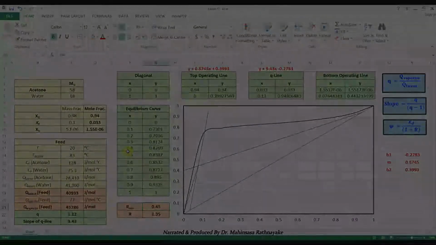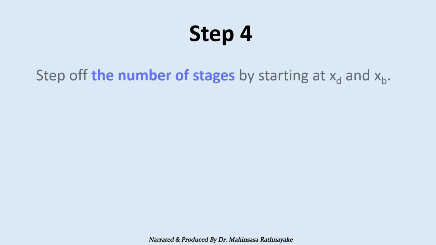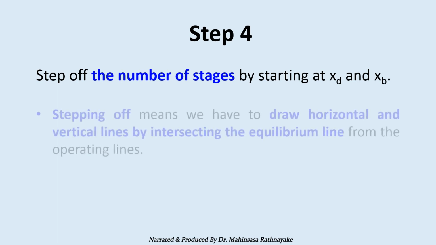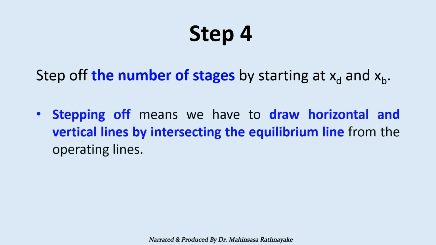The last step of the McCabe Thiele method is the stepping of the number of stages by starting at XD and XB. Stepping off means we have to draw horizontal and vertical lines by intersecting the equilibrium line from the operating lines.